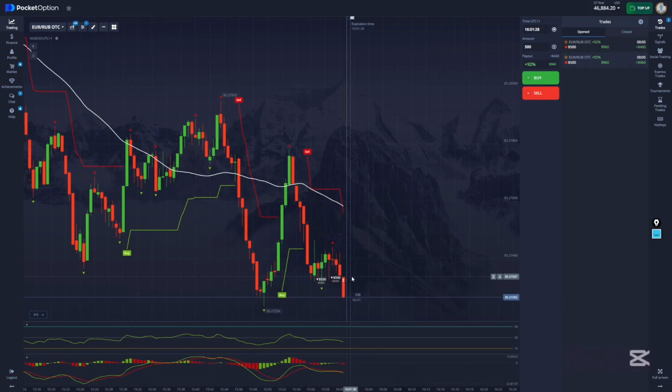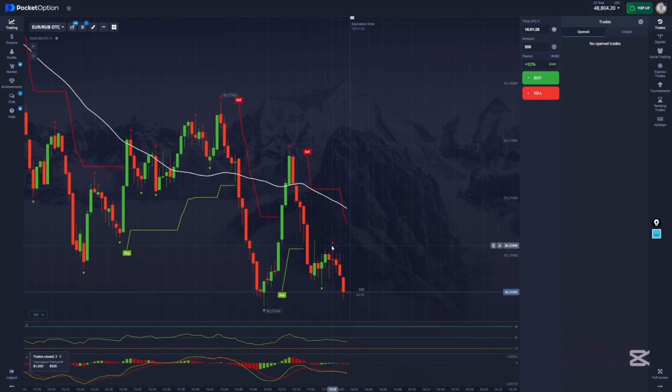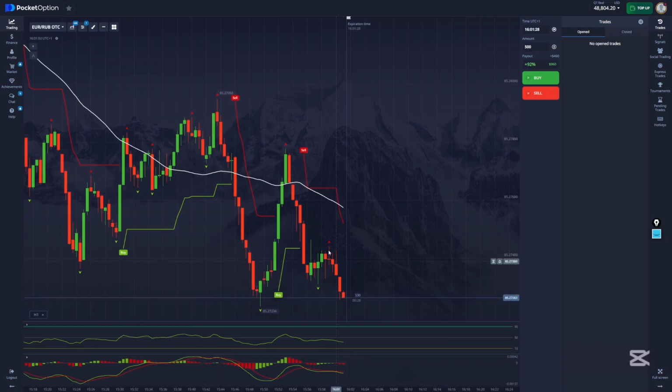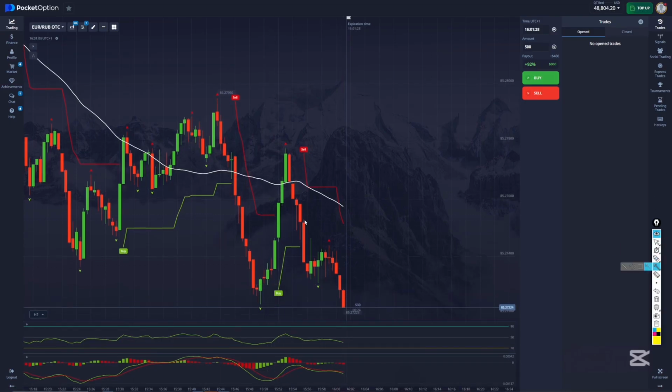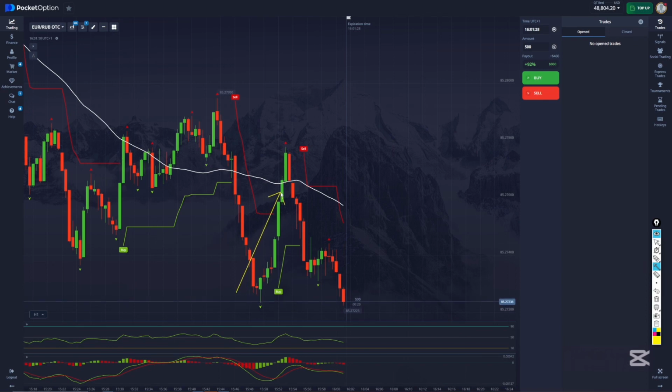I hope you understand what I mean. We have a downtrend, candles going down, going back up and down again. You see what I mean? Yeah?